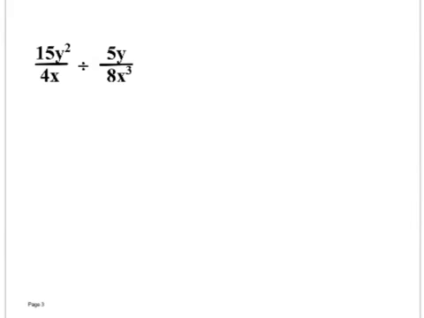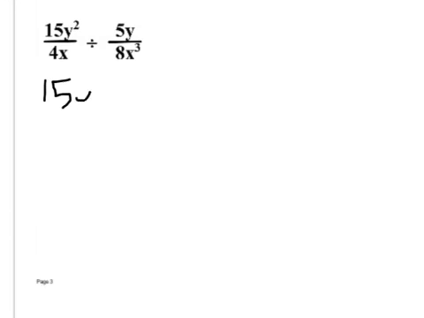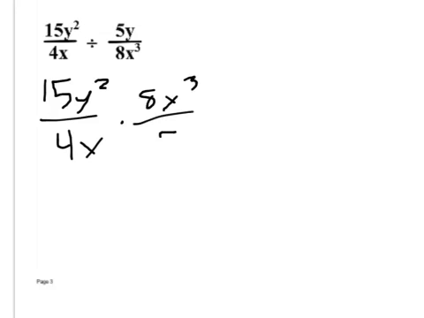All right, let's do this one. Go ahead and work this on your own. Write this and work it on your own. As you work on it, I'm going to rewrite it the way it should be written, by multiplying by the reciprocal. Okay, so you should have that. I'll give you another second to finish it.